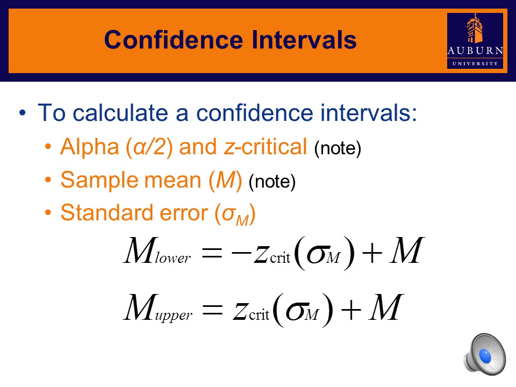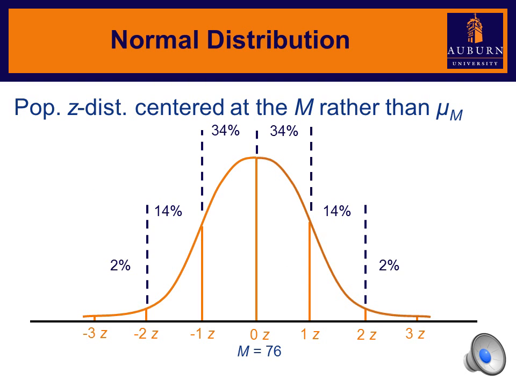So when we have our sample mean, we're going to create a normal distribution centered at that sample mean. So here is our normal distribution. You'll notice that the properties of this normal distribution are exactly the same as they've been all semester. It's divided up by standard deviations, or what we call z-scores.